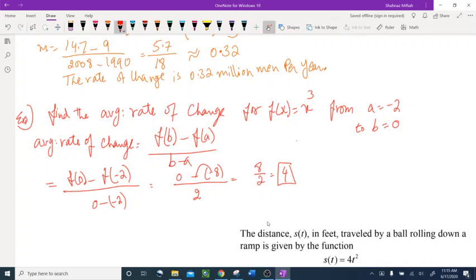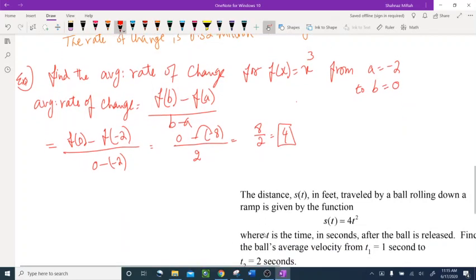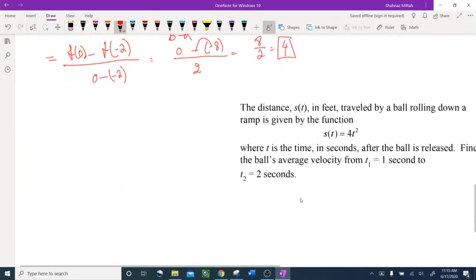Now the next question is talking about velocity. The distance s(t) in feet traveled by a ball rolling down a ramp is given by the function s(t) equals 4t squared, where t is the time in seconds after the ball is released. Find the ball's average velocity.